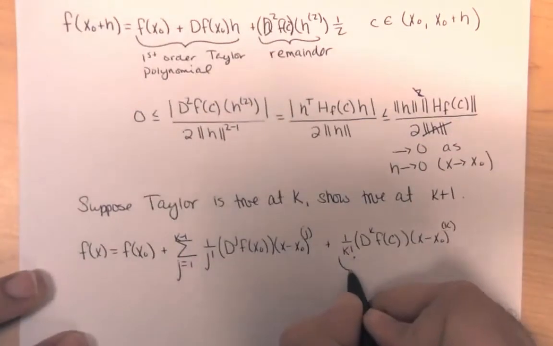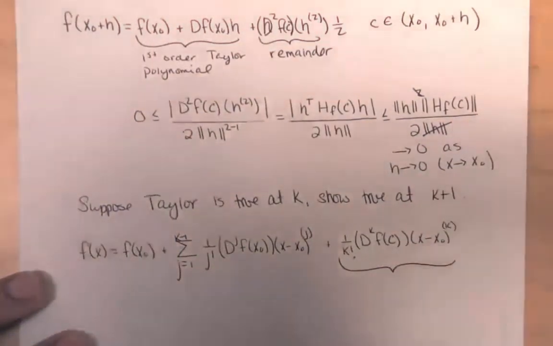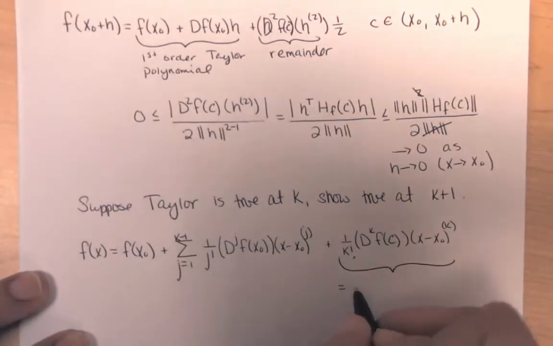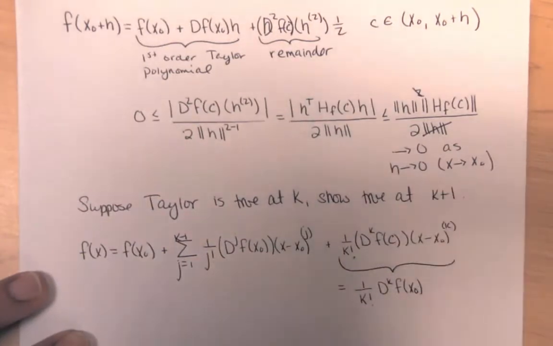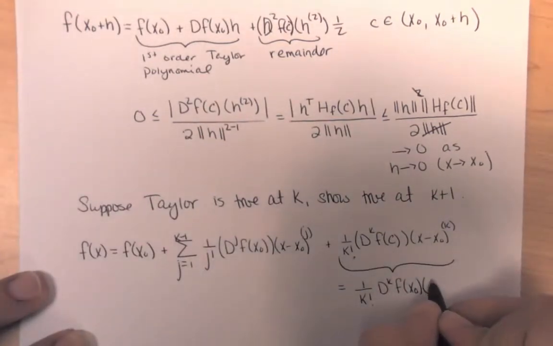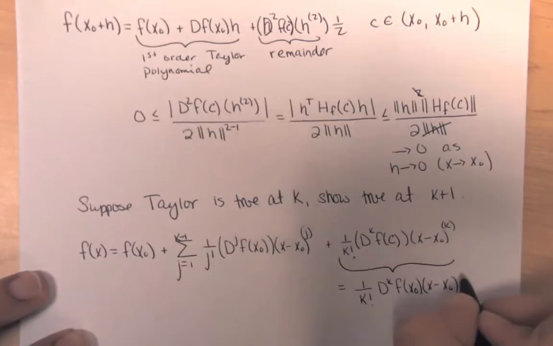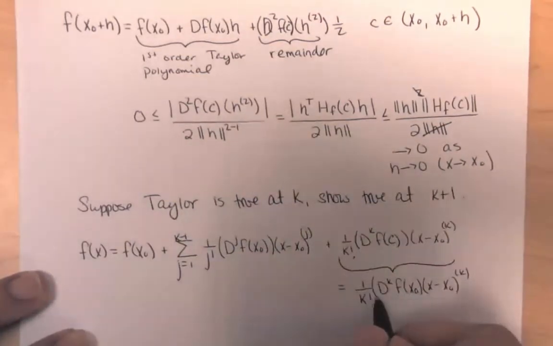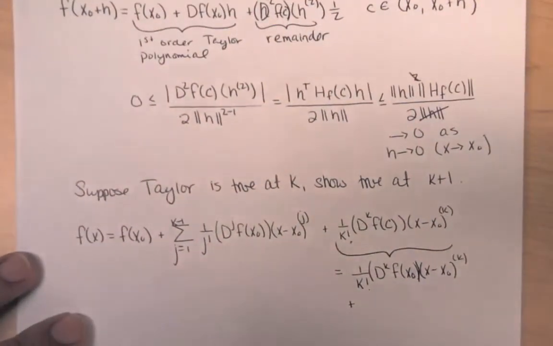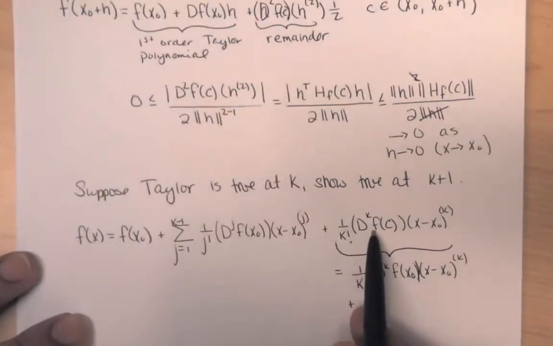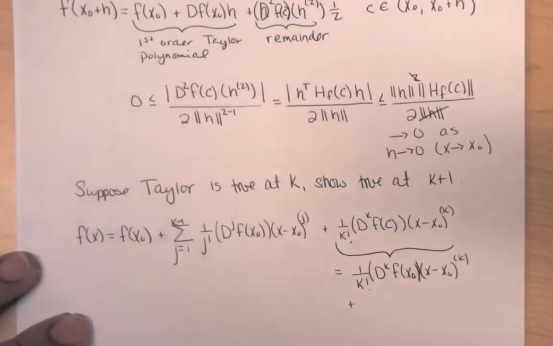Well, that's equivalent to showing, right, I need to show that this is equal to one over k factorial times the kth derivative of f at x naught, not some arbitrary point c, but at x naught, times the k-tuple of x minus x naught, plus my kth remainder term, right? This is the k minus 1 remainder term because it's what remains after my k minus 1 expansion.